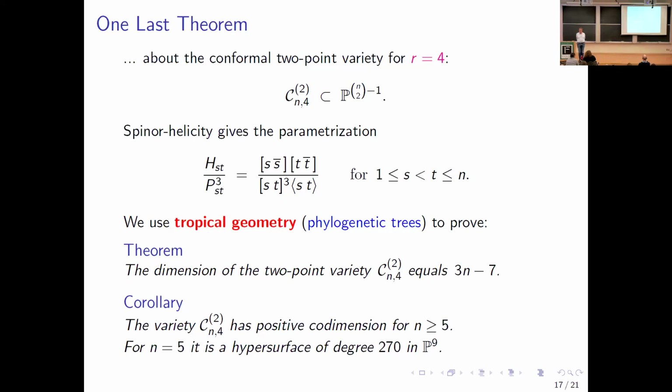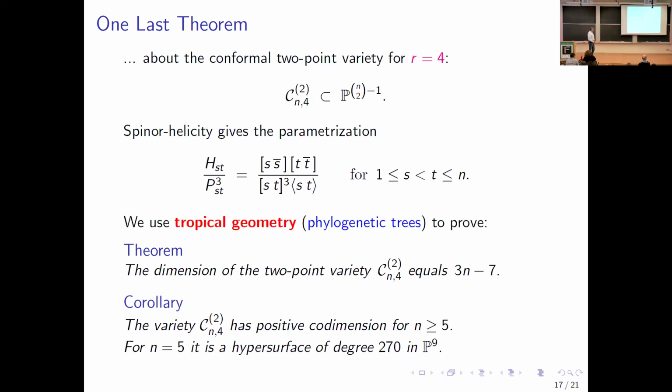Now, if you see monomials in 2 by 2 minors of a matrix, you think about tropical geometry and phylogenetics. And so we use tropical geometry, phylogenetic trees, to prove the dimension. The dimension of this 2-point variety is 3n minus 7.